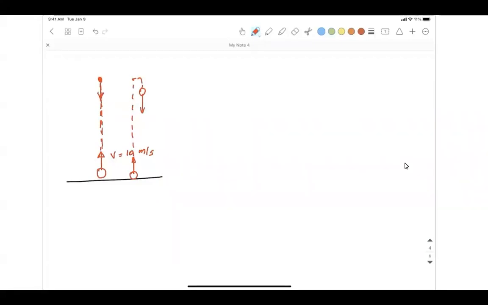Also, one of the most common projectile motions you will see is a ball, or any object, where you give a velocity v, could be 30 meters per second, with an angle of 30, 40, 50 degrees to the horizontal.